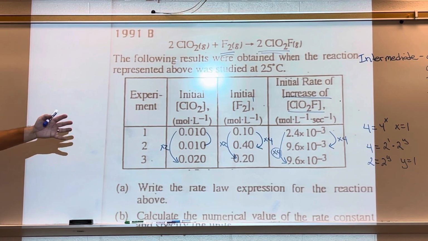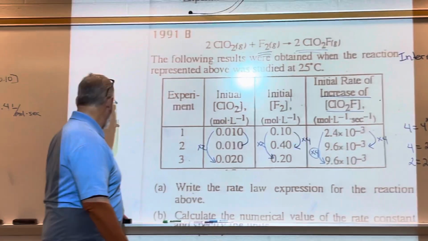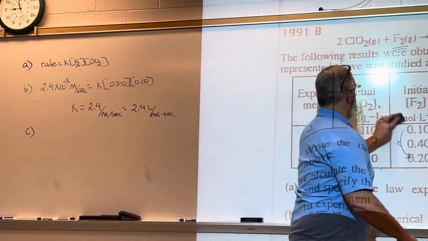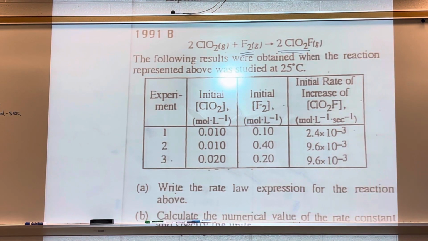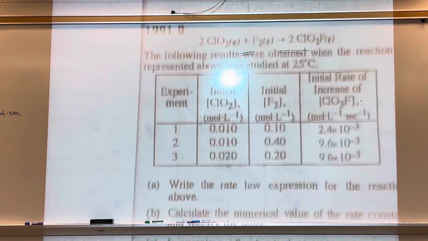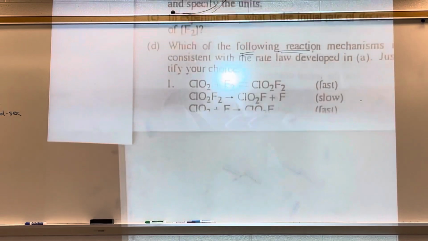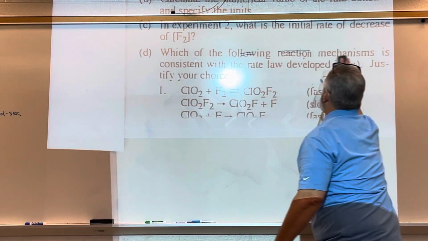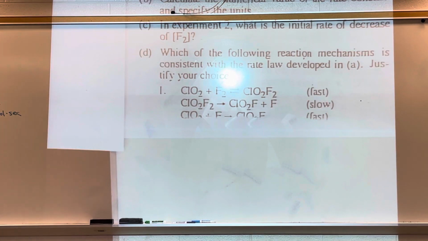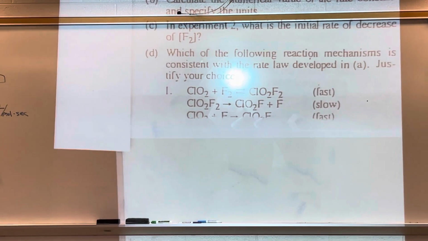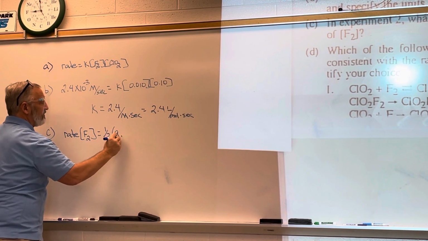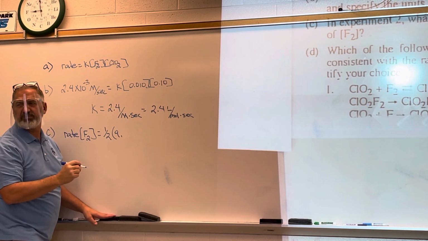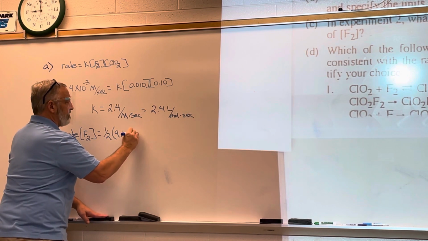Now, all that's review. So let's get to the fun part. Over here, the rate of F2 is going to equal 1/2 times 9.6 times 10 to the minus third.